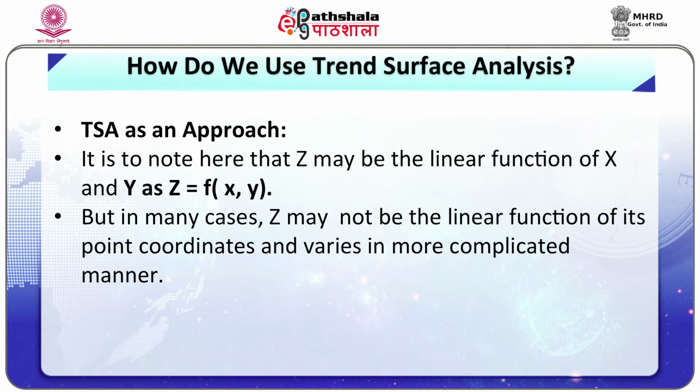It is to be noted here that z may be a linear function of x and y, as z equal to f of x, y, but in many cases z may not be a linear function of its point coordinates and varies in a more complicated manner.